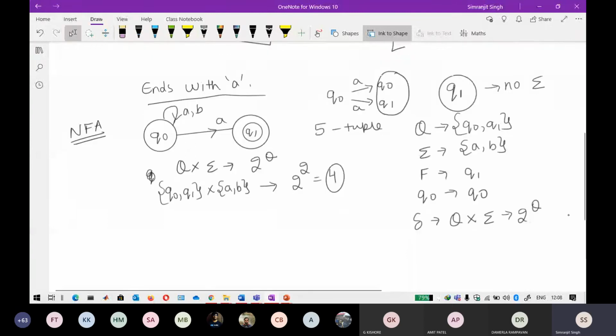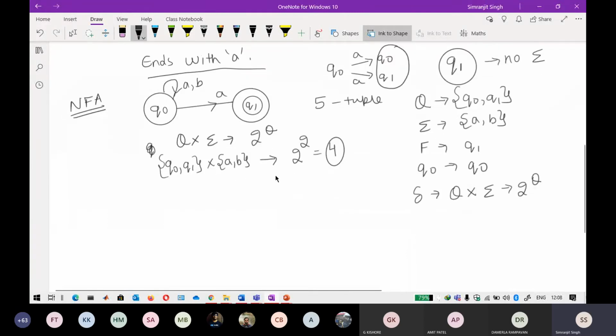The four states, in the power set of Q, will be: the first is Q naught, second is Q1, the third is phi.